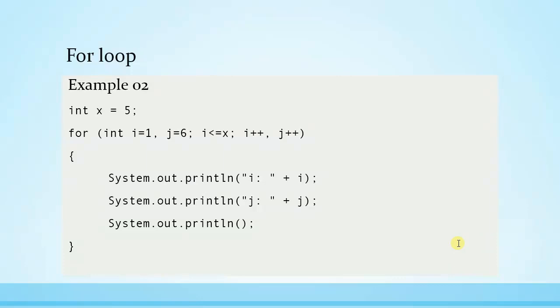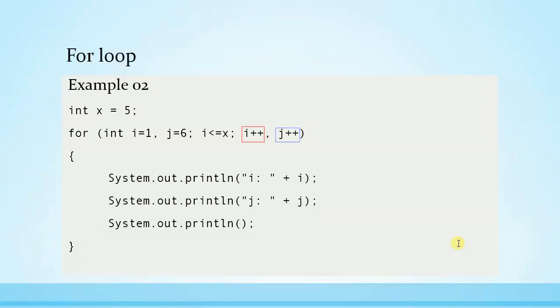Then based on this condition we will enter inside the loop and we will print all three statements. After that we increment both the iterators. I mean, here the iteration portion has two statements, so we will increment I as well as j, both. So that's all here in this example.